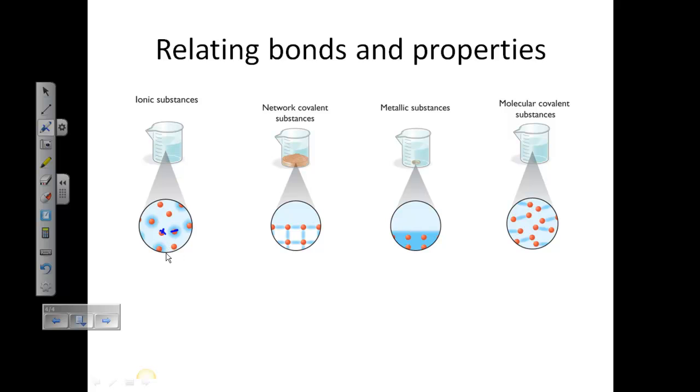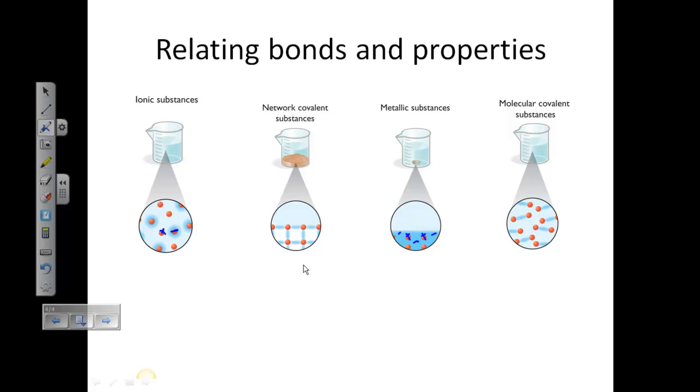This accounts for its ability to conduct electricity. Likewise, when you go to the metallic substances, your positive metals, as shown by the red spheres, are swimming in what is said to be a sea of electrons, the negatively charged blue area. So once again, because we have freely flowing electrons, we can conduct electricity, because in a sense electricity is just a movement of electrons.